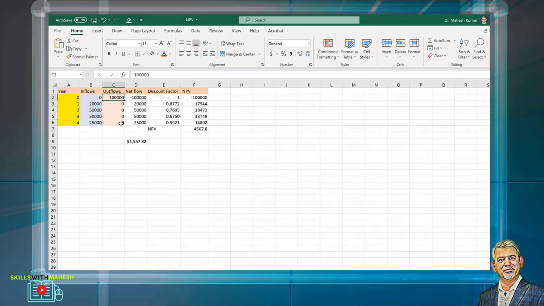So there was no outflow in further years. And this is net flow of cash, right? Inflow is 0, outflow is 100,000, net is B2 minus C2. It means this column minus this cell, right? So I did it for every other year, and this is net flow, right? For this method, you need the net flow.